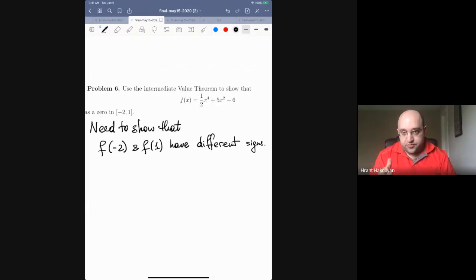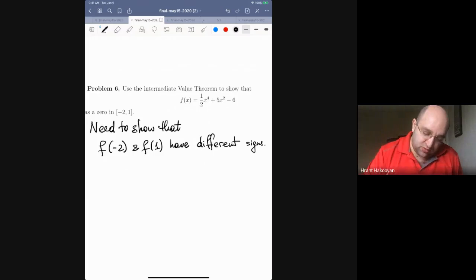That means one of them is positive and the other one is negative. So if you show that, and because the function is continuous, that means at some point it has to be equal to 0. So all we have to do is to calculate what f is at one of the endpoints and what f is at the other point, and then make sure the signs are different. So one of them is positive, the other one is negative.